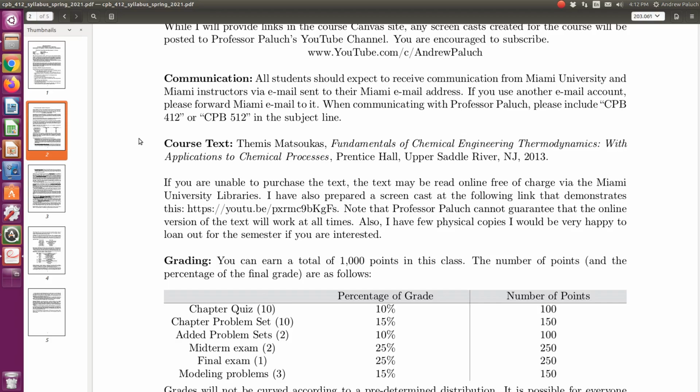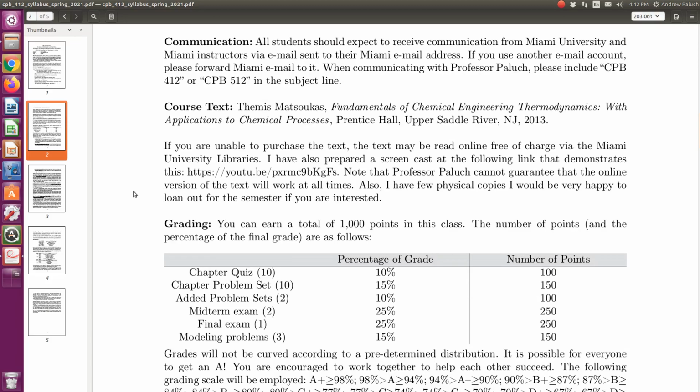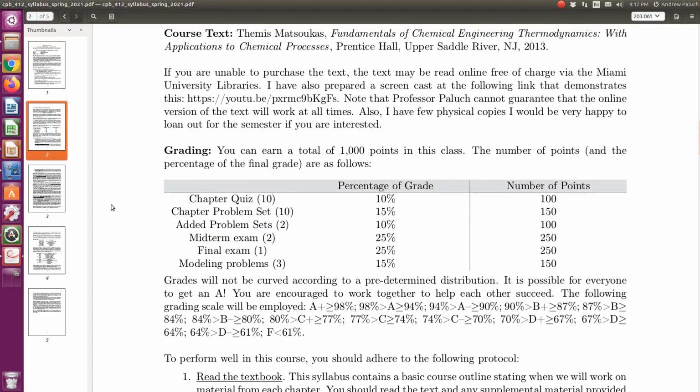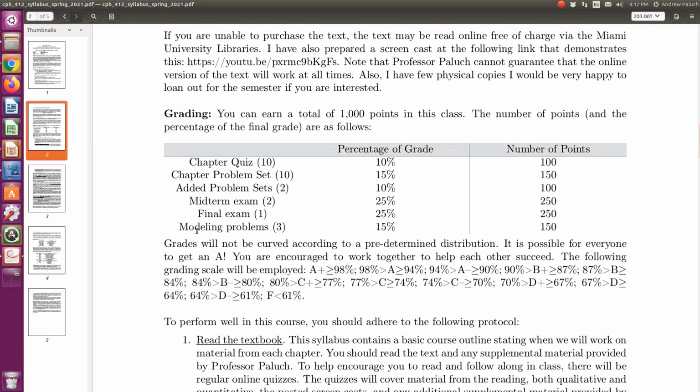Basically, if you go to the library's website and search for the textbook, two hits will pop up. One is for a physical book that they own, which is checked out. The other is for an electronic version. Just click Find It for the electronic version, and it'll take you to how to read it online. I also have some physical copies at my office. If you want to borrow one, by all means, let me know.